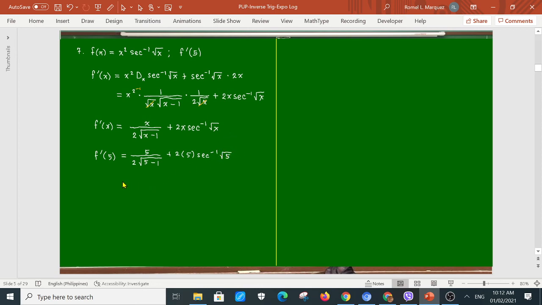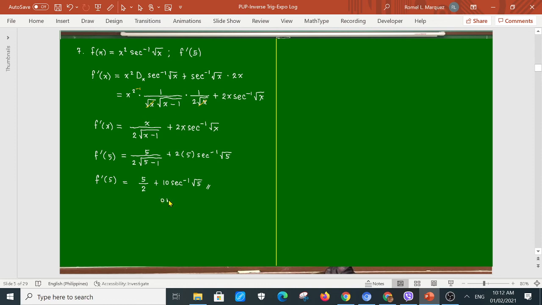So getting 5 over 2 times 2, because this is 4, square root is 2. So 2 times 2 is 4, so this is now 5 over 4, plus 10 arc secant of square root of 5. So this is the exact value. If you're not asked to use a calculator to approximate, this is the answer.